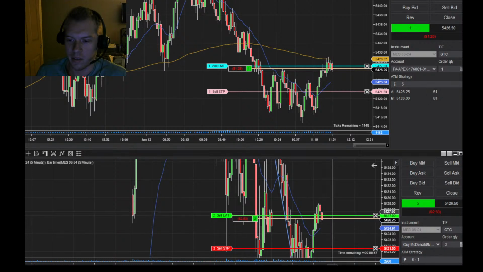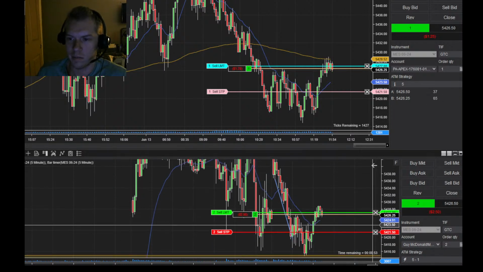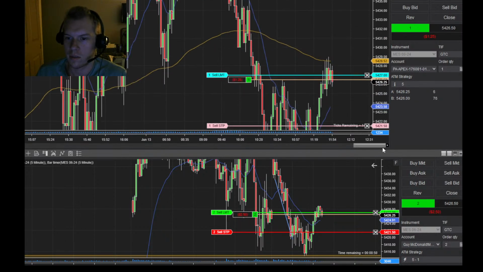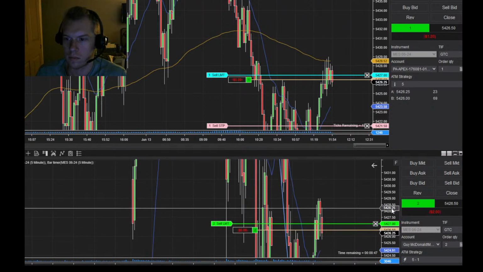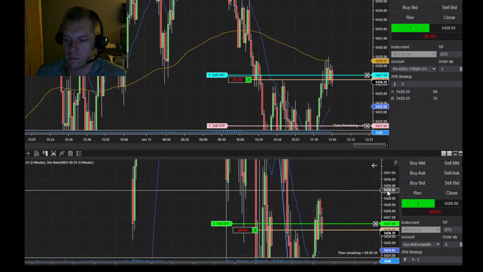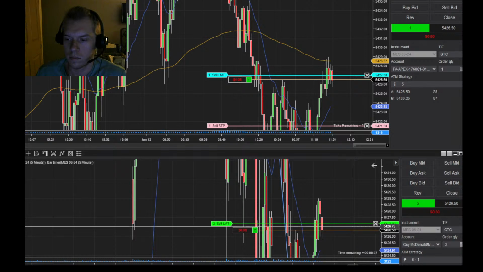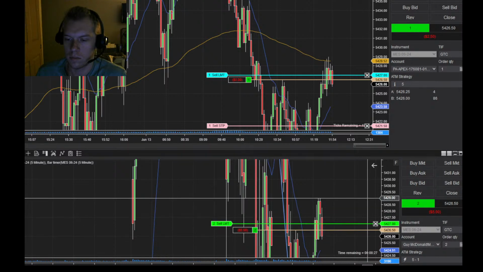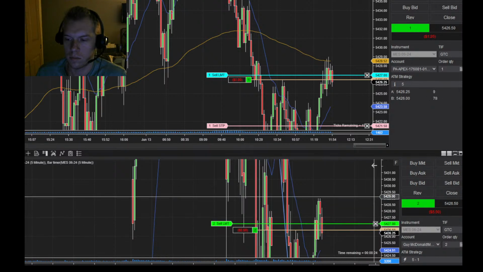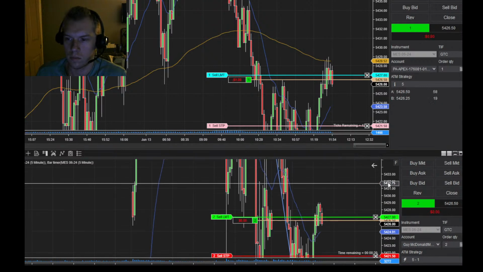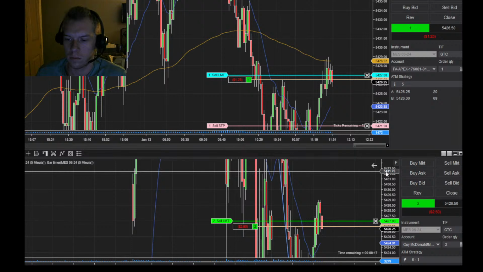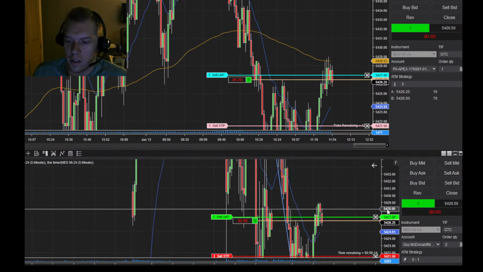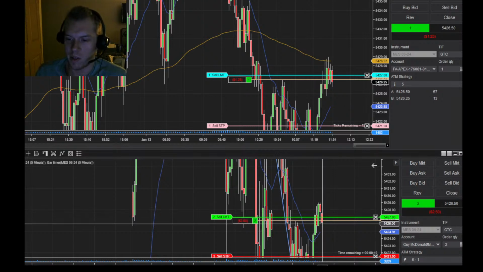I'll go ahead and try to get a little bit there. Both sides know how important this bar is, so both sides are trying to win the close of the bar.